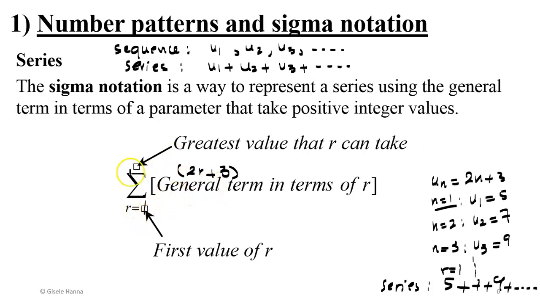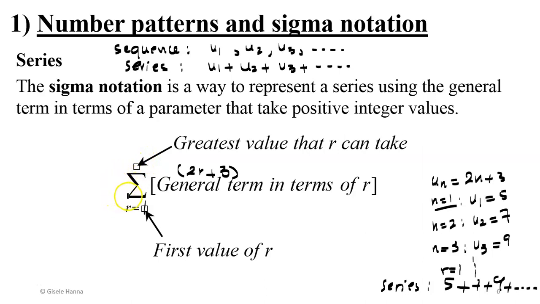I'm indicating that for this general term of that series, I'm starting the sum for r equals 1. And then I need to stop that sum at some point. So the upper bound of the range of the parameter stops the sum at that specific value. If I wish to add the infinite terms in that sequence, then the upper bound would be infinity.